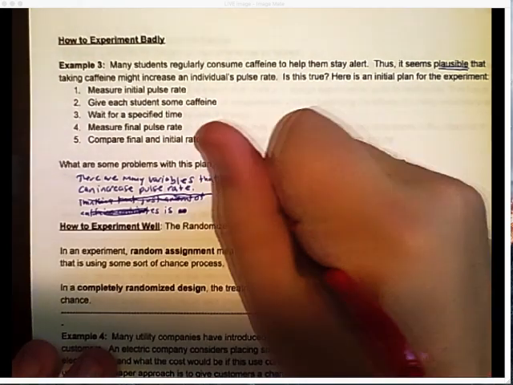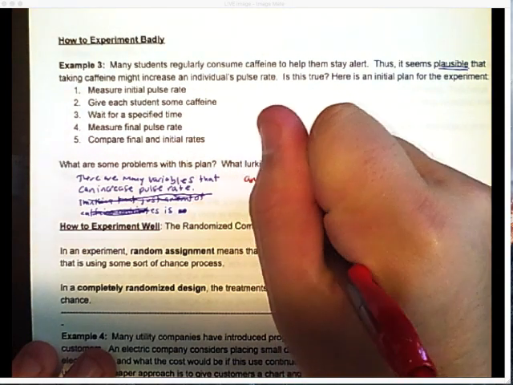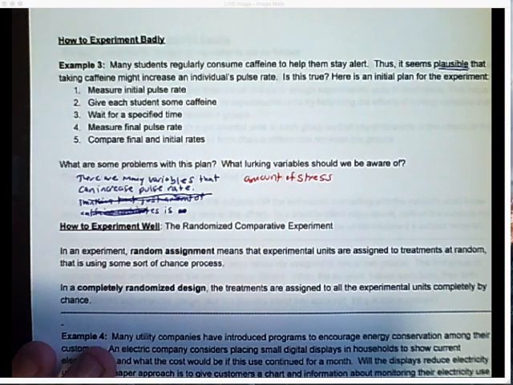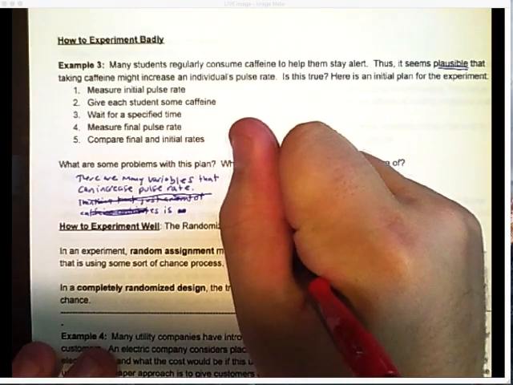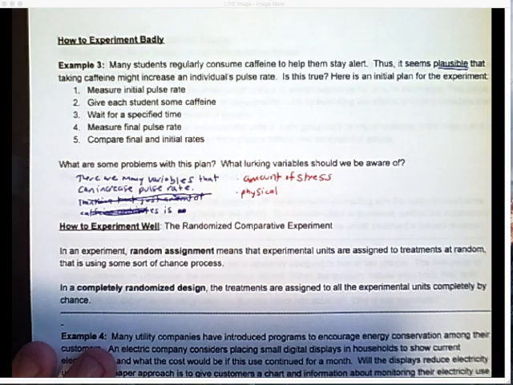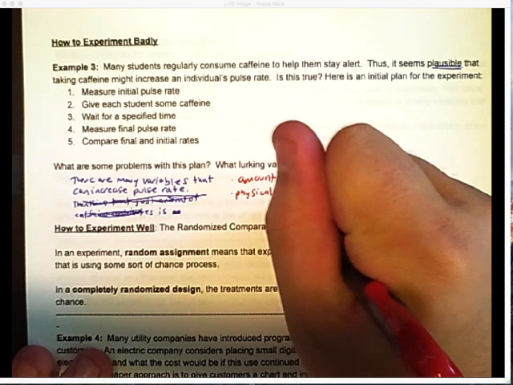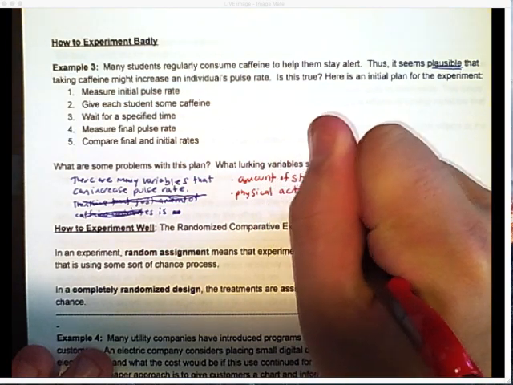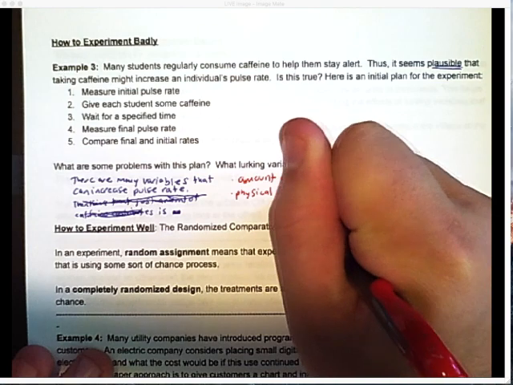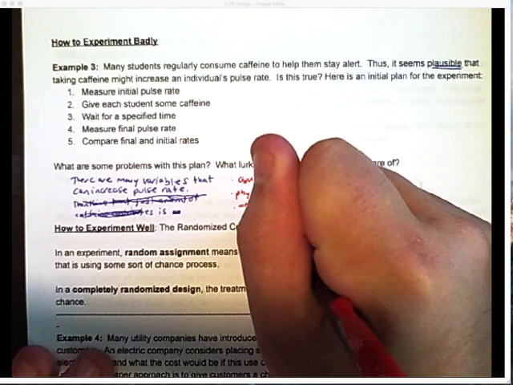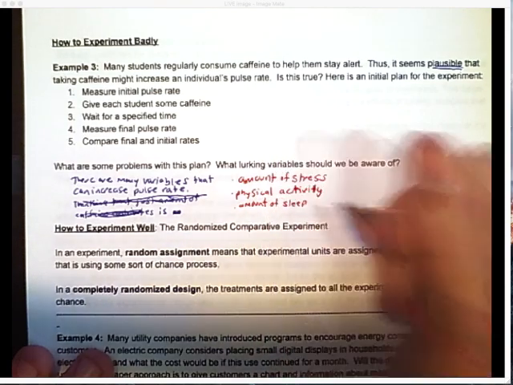Well, all right, amount of stress. All right, the amount of stress, physical activity. If we just measure someone that just got done sprinting, their pulse rate's going to be really high, and after a certain amount of time, it's going to drop down. So physical activity can affect pulse rate. Amount of sleep can affect pulse rate.